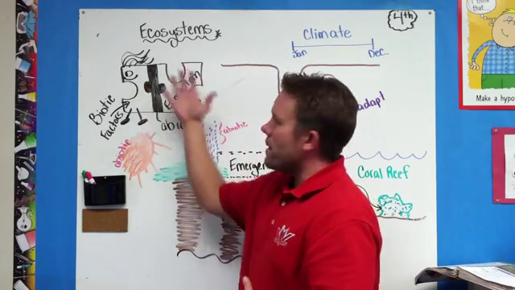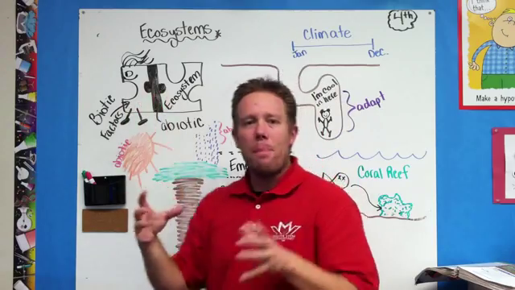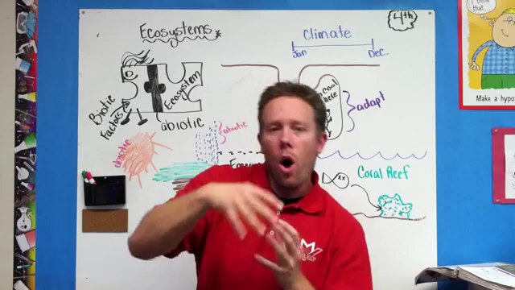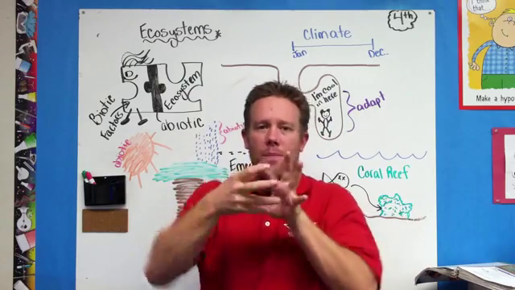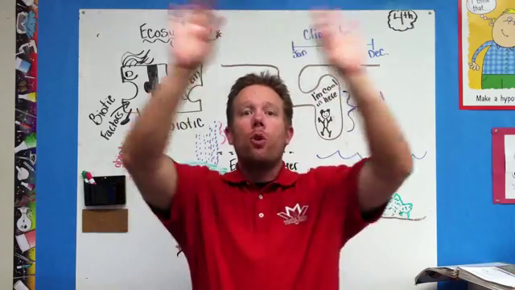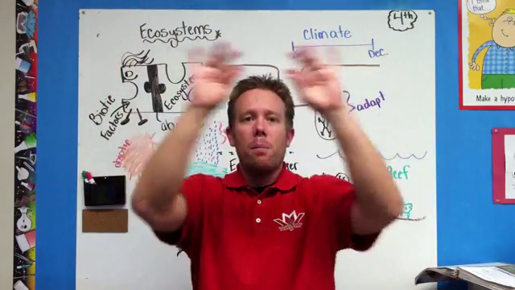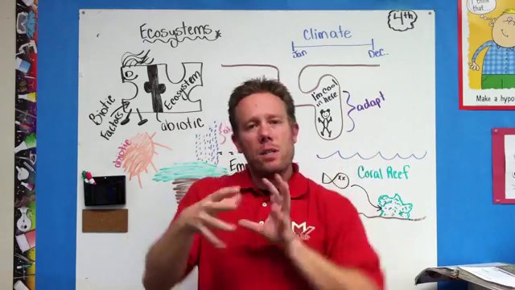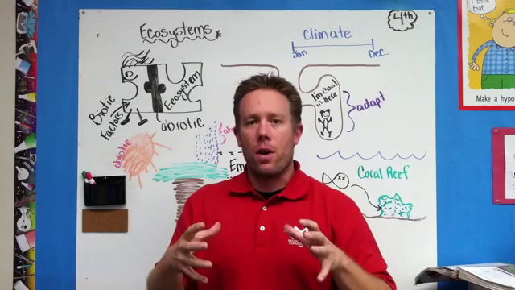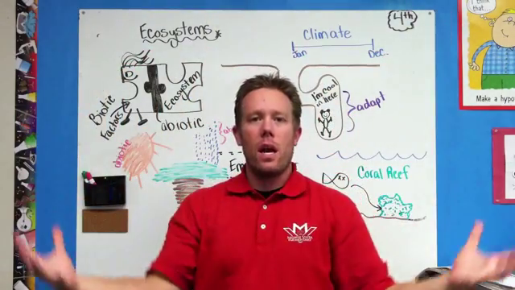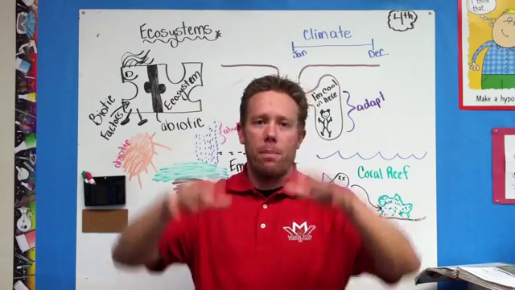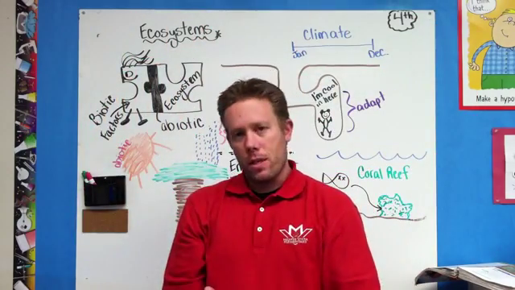So I made this little puzzle piece here because a puzzle and all of the puzzle pieces all kind of work together. They interact with one another by locking together to create a big picture. So each puzzle piece, once again, interacts, works with, needs one another to create a big picture, or in our example, an ecosystem.